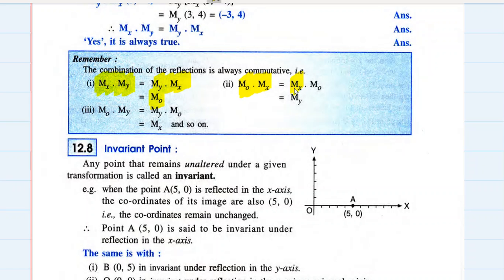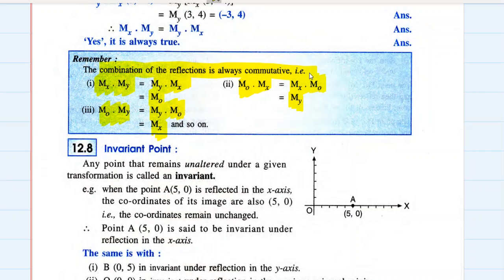Mo dot mx and mx dot mo is my. Mo dot my and my dot mo are equal, which are equal to mx, and so on. So the combinations of reflections is always commutative. Commutative means you can do two operations of different reflections in any order, but still you get the same answer.